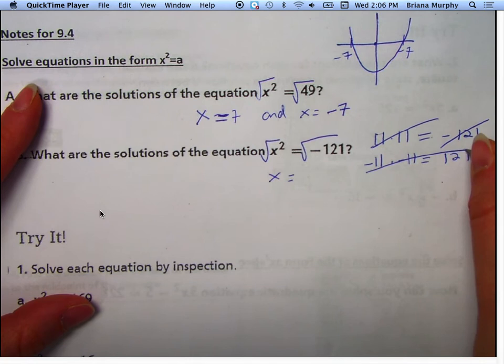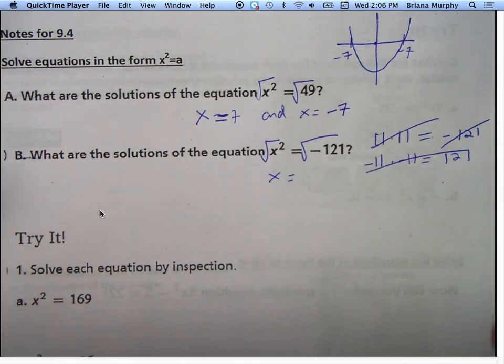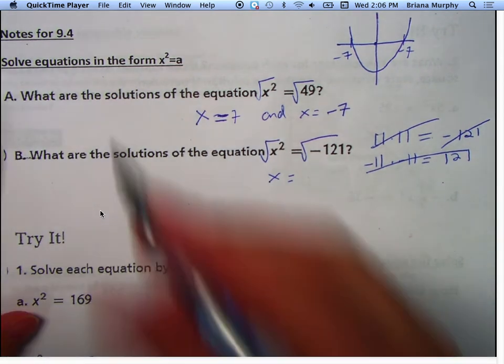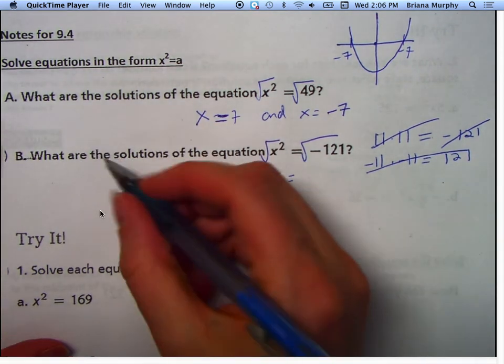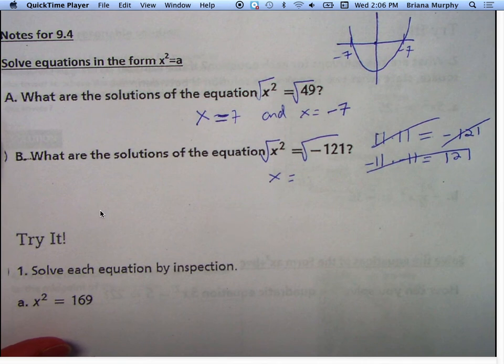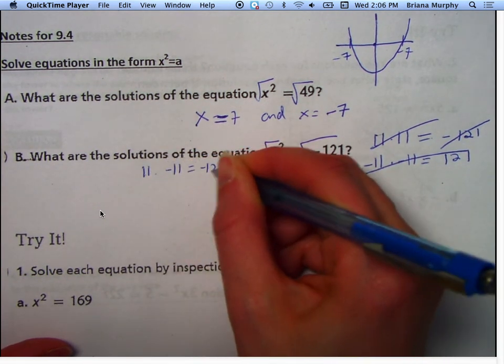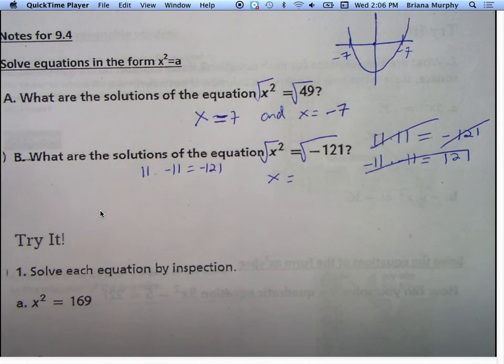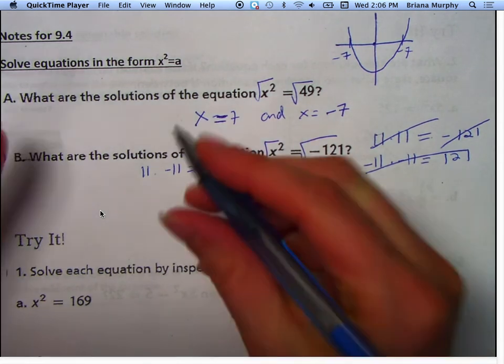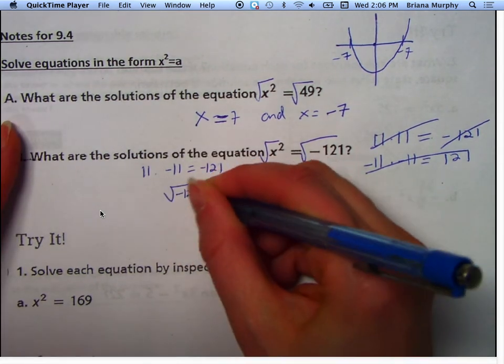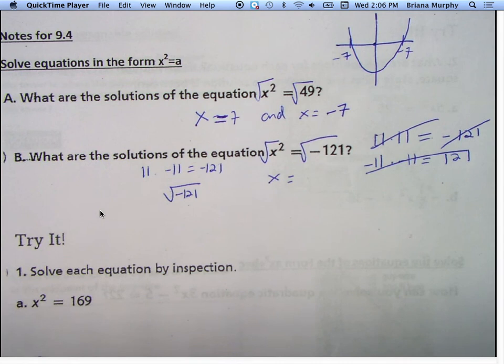That doesn't work. 11 times negative 11 is negative 121. But when we square root something, the numbers have to be exactly the same. So if I square root negative 121, there are no two numbers that are exactly the same with exactly the same signs. So no solution.